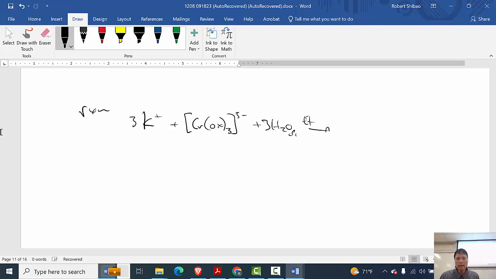And then we add the ethanol, and that should precipitate out the potassium trioxalato chromate 3 trihydrate solid. So this is reaction 3.